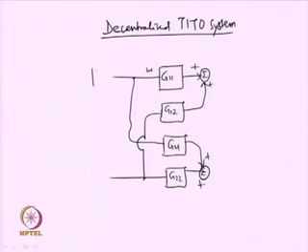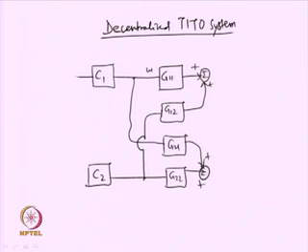Then when it is connected with a controller, the controller could be a nonlinear or a linear one. So, let me connect a controller of the form C1 here and C2 for the second loop.